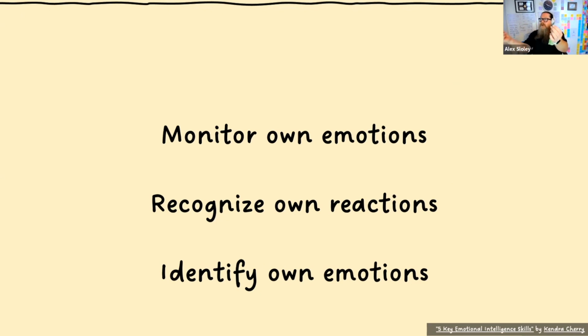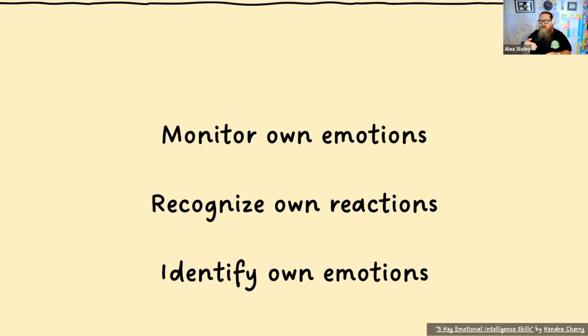So when you're monitoring your emotions internally, which I guess is up in your head, right? Some people might say your heart, but you recognize your reactions. Like, do you get sweaty, or do you feel a burning sensation in your chest? Or do your feet go up and down? You recognize your physiological reactions, which could be anything. They're unique to you, right?